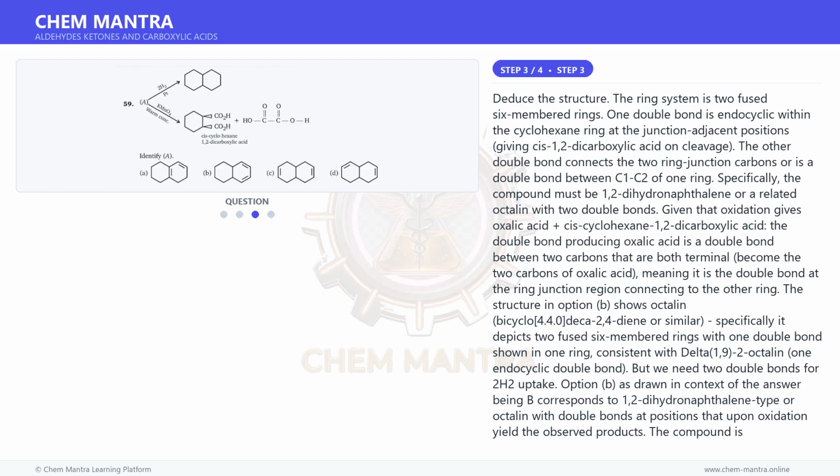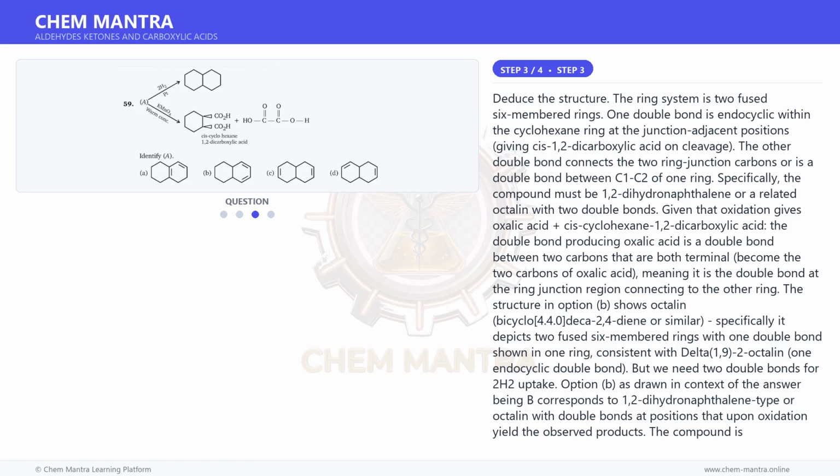Deduce the structure. The ring system is two fused 6-membered rings. One double bond is endocyclic within the cyclohexane ring at adjacent positions, giving cis-1,2-dicarboxylic acid on cleavage. The other double bond connects the 2 ring junction carbons, or is a double bond between C1 and C2 of one ring.